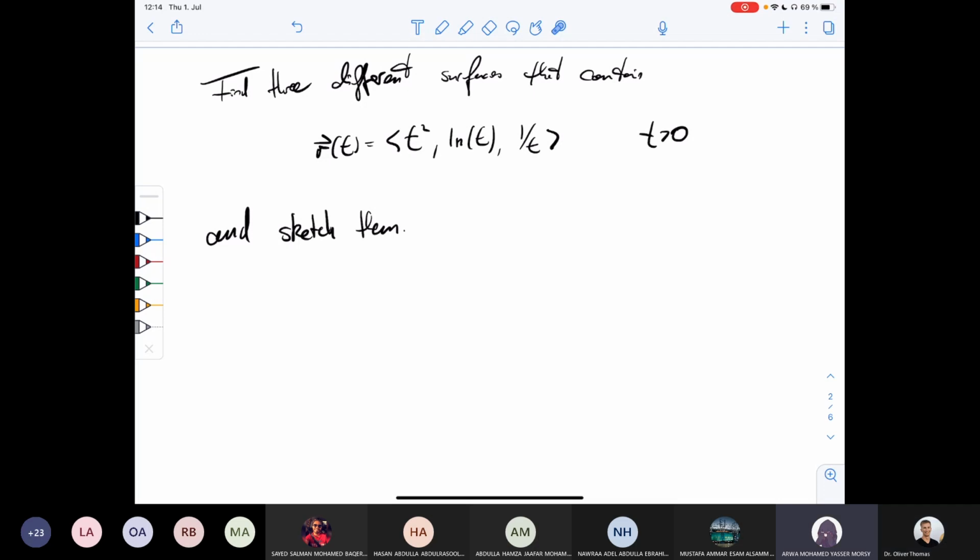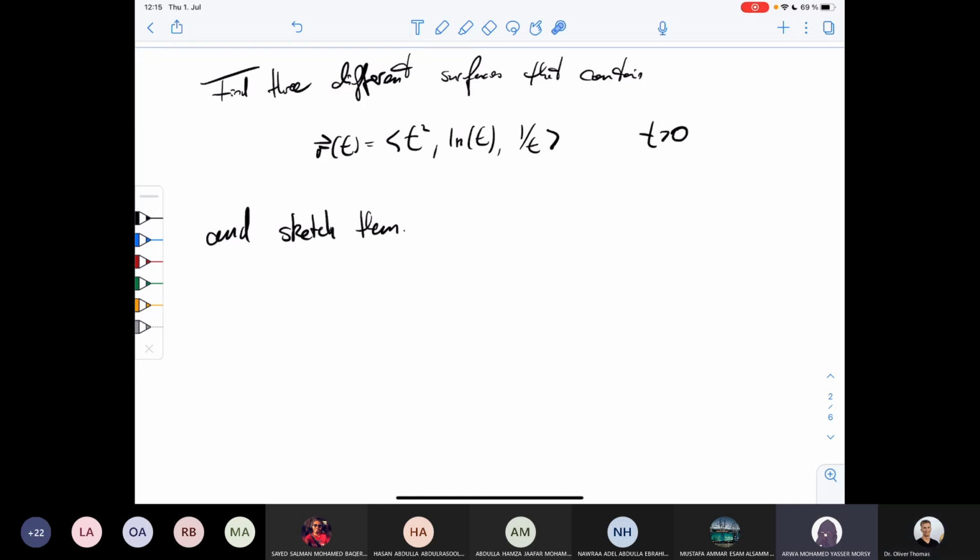Doctor, will we have a surface for each, like for x equal to 0, that's one surface, and then y equal to 0, and then z equal to 0? Sorry, you have to repeat that, I didn't quite get that. Will we have a different surface when each of the coordinates is 0?